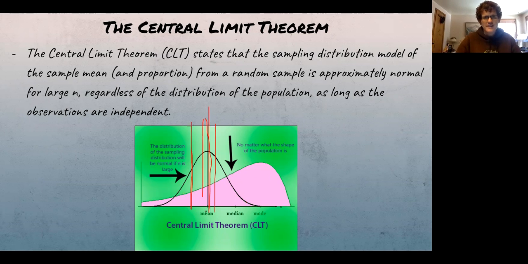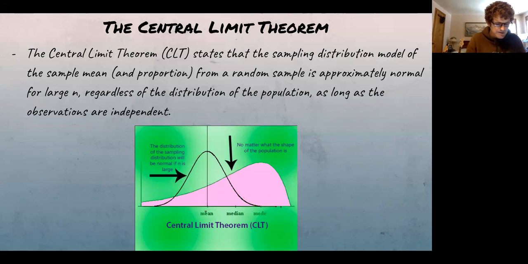And the sampling distribution that's created from this is always going to be approximately normal, always, if n is large. And we'll talk about what large means. So there's the idea behind the central limit theorem.